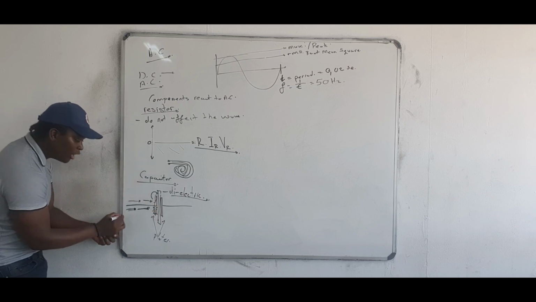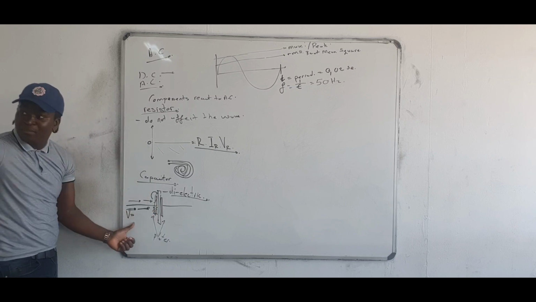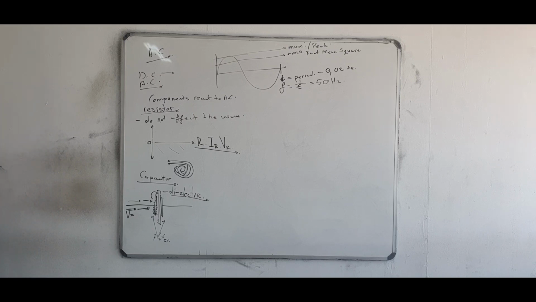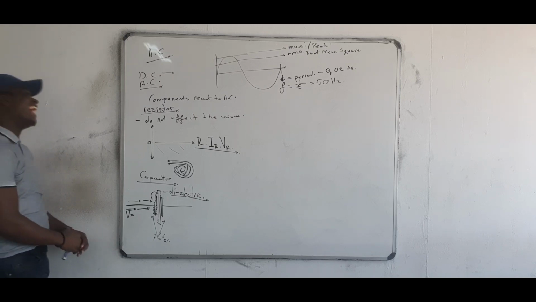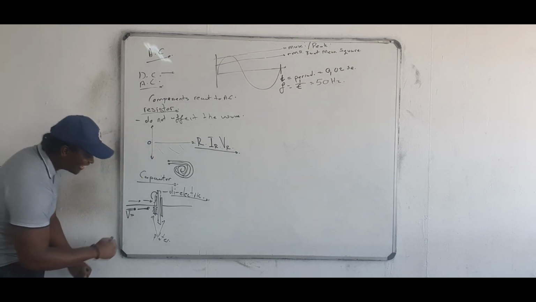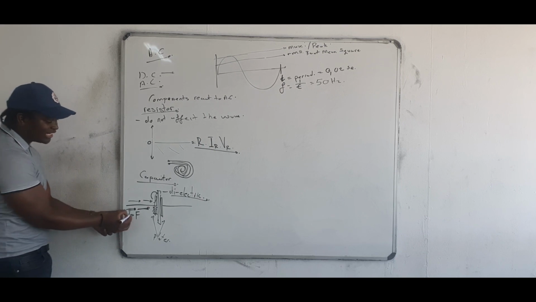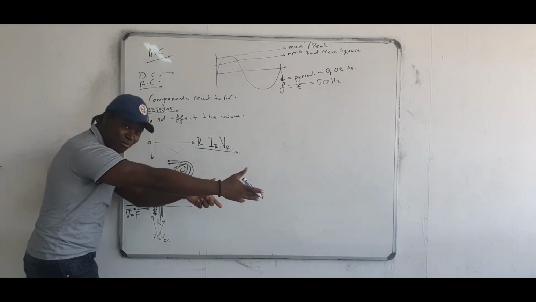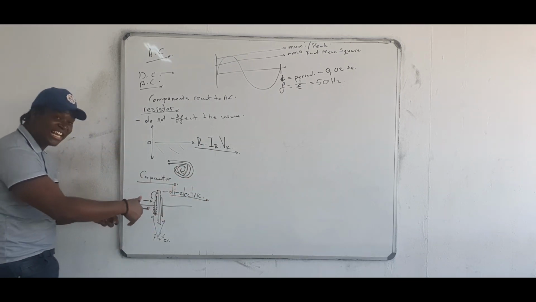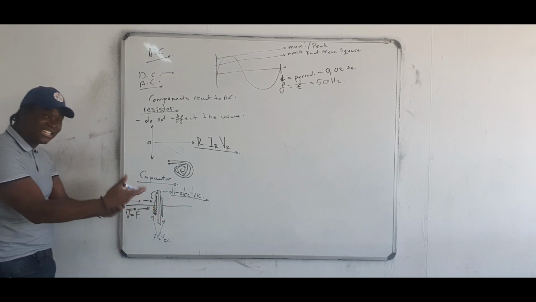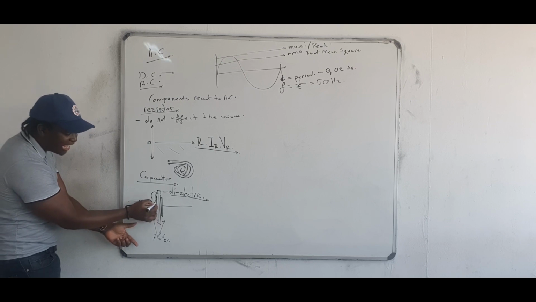So remember, we've got a voltage. Voltage is a force. Are we together? So the voltage is forcing the current to move. The voltage is forcing the electrons to move in one direction. And there is nowhere for these electrons to go. So they are just going to accumulate.